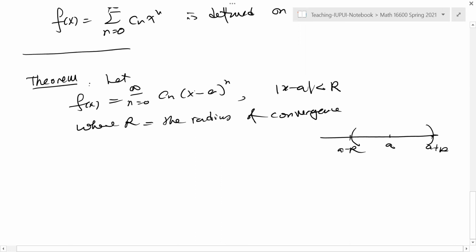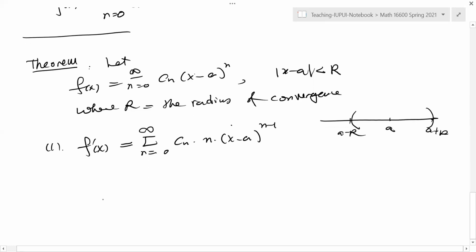So now the statement says that the function is differentiable, and f prime of x is just the sum of Cn times n times x minus a to the n minus 1. It looks like we just differentiate each term. And not only that, it's differentiable for any x on this interval.